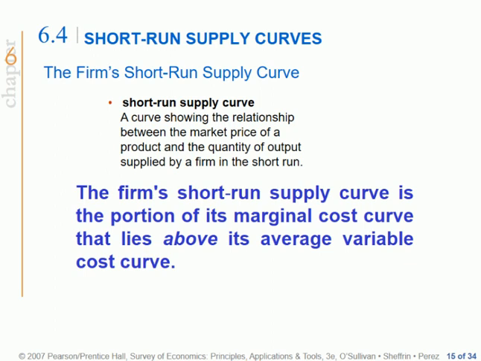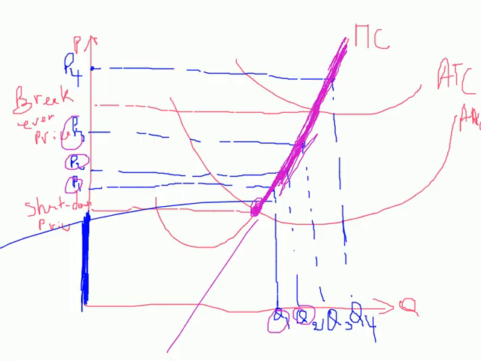So the firm's short-run supply curve is the portion of its marginal cost curve that lies above its average variable cost curve. This portion that lies above the average variable cost curve is the short-run supply curve of the firm.